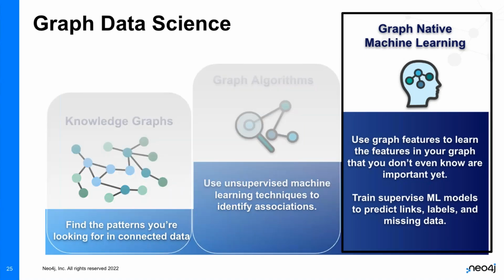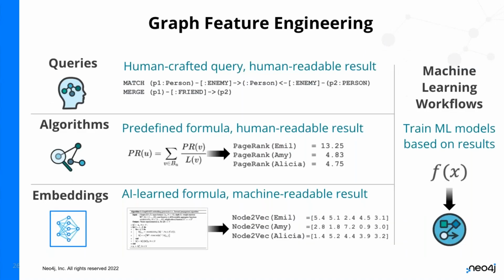the scenarios. And when it comes to graph native machine learning, like I said, you can take the graphy features which come from these relationships and add them to your machine learning. Graph queries are simple pattern matches on a graph data structure, where here you're asking: a person who is an enemy of a person who is also an enemy of a person is most likely a friend of this person.